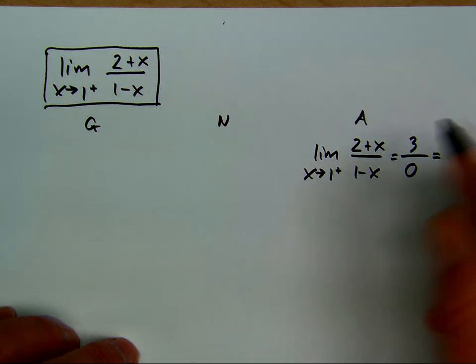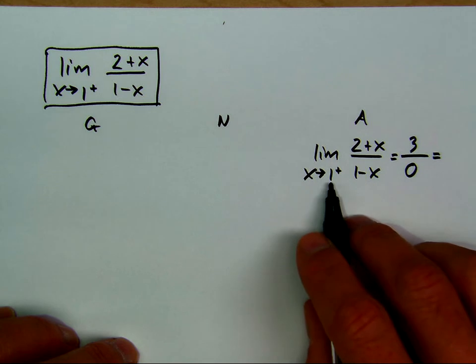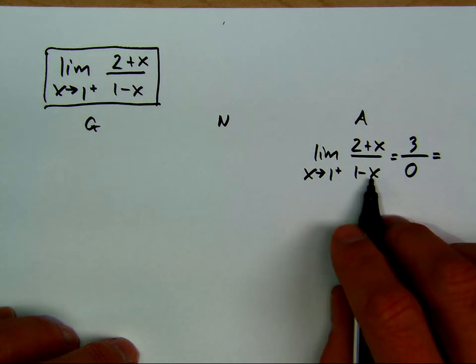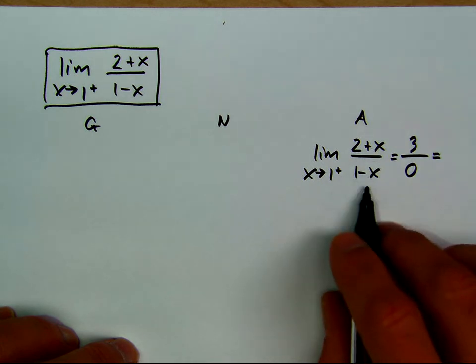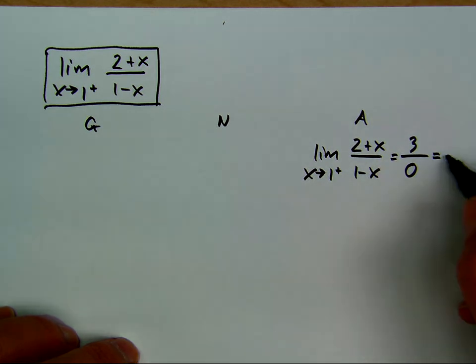And we can check just by putting a 1.1 right here. We go from the right, 1.1, this will be negative, this will be positive. So we know it's going to be positive divided by a negative.